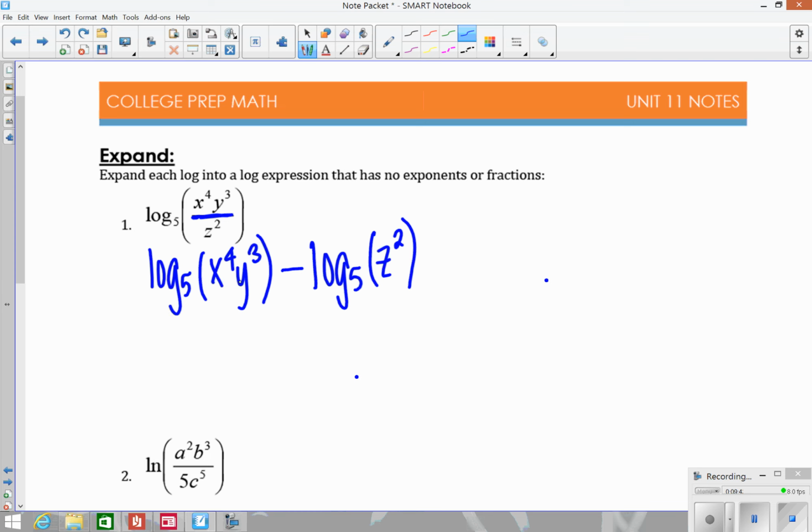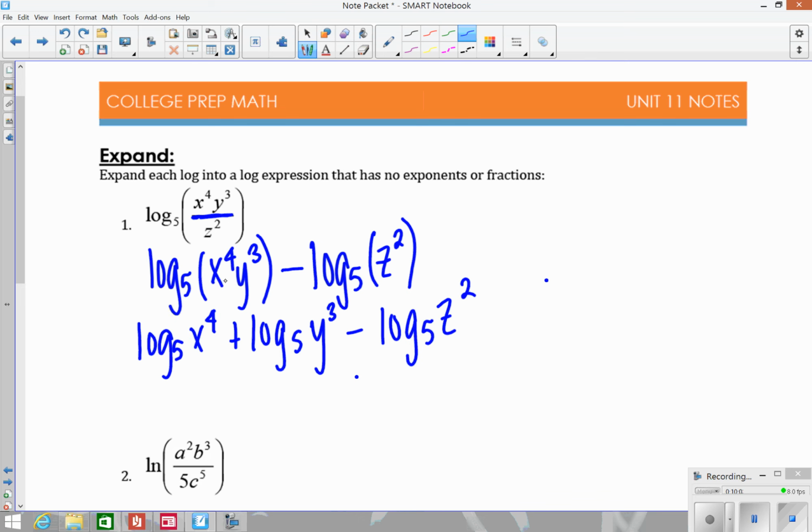Now I look at this right here, and I want to break this apart because I know that this could end up being log base 5 x to the 4th plus log base 5 y to the 3rd minus log base 5 z squared.